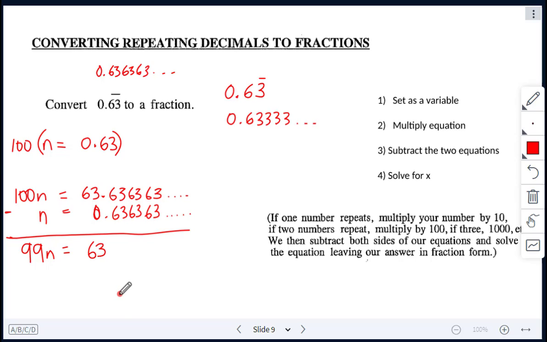All right, and our last step here: because it's 99 times n, we're going to divide by 99 on both sides. 99 divided by 99 leaves us with just n. So we end up with n equal to 63 over 99.